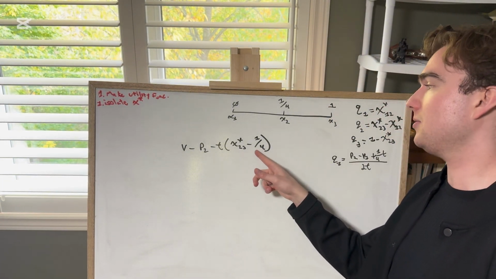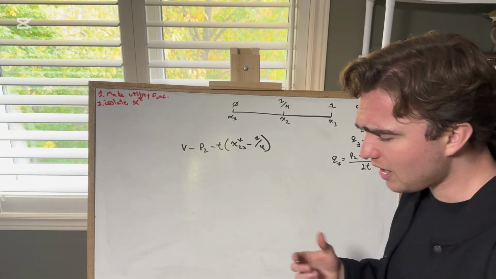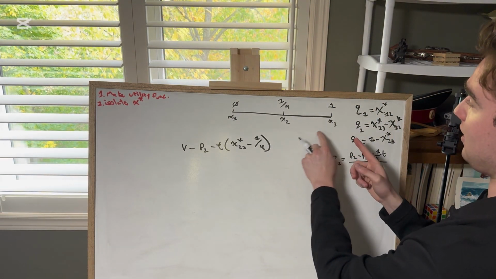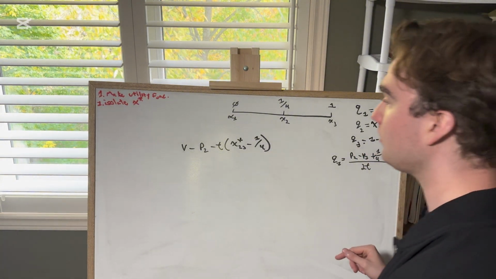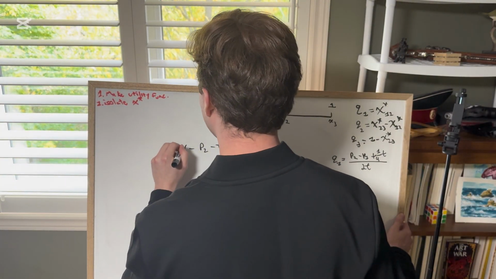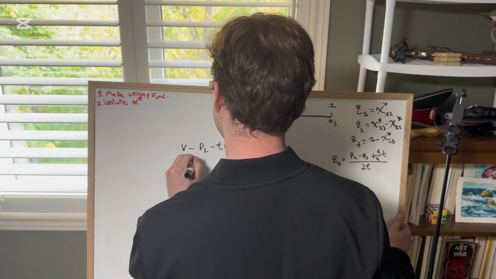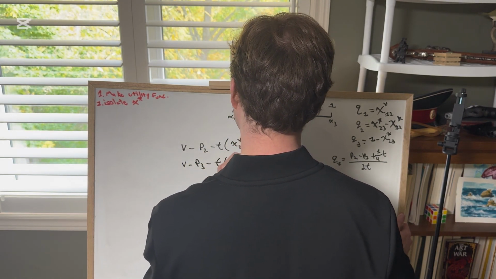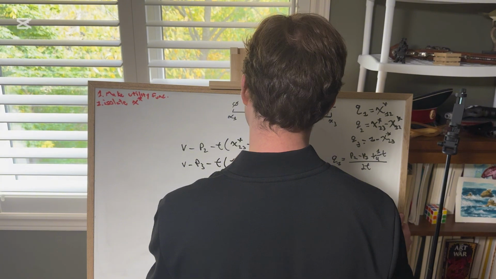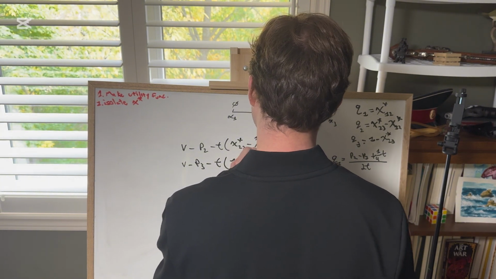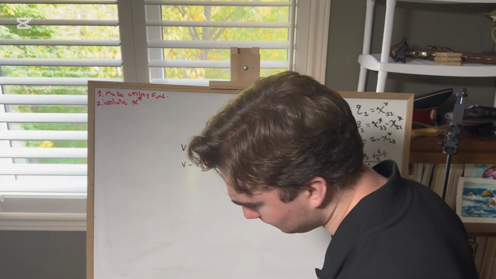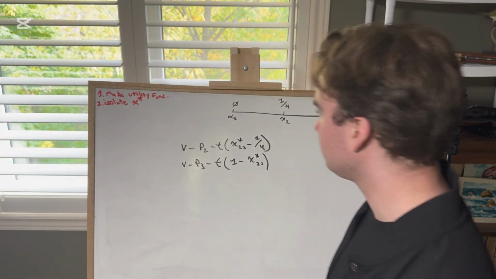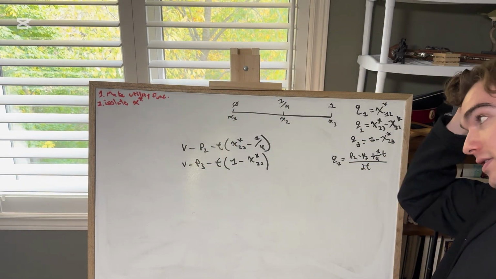It was 1 over 4 less x12, but now it's this area here, okay? And then you have V less P3 less T 1 less x23 star. And that should be correct. Yeah, it is. Okay. So these are your 2 new functions here.